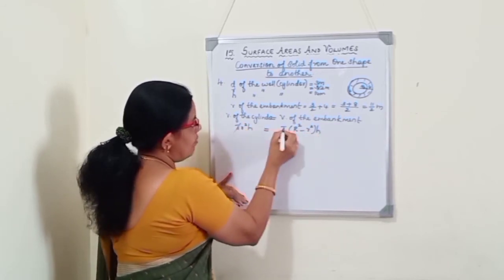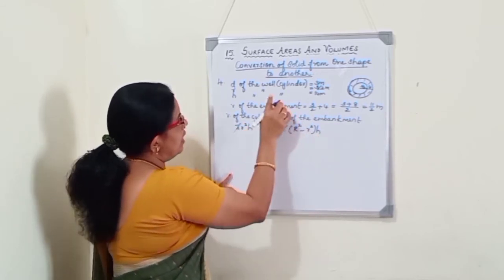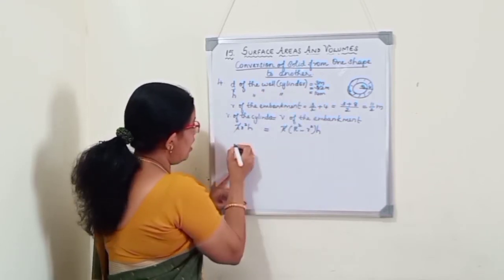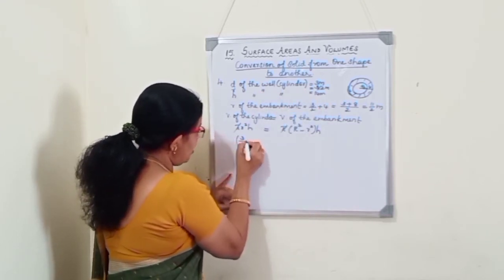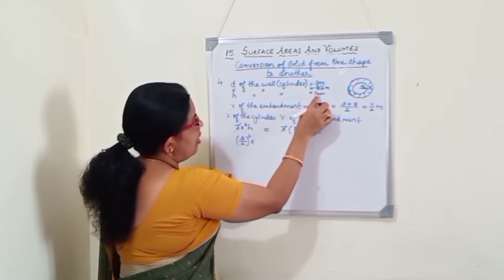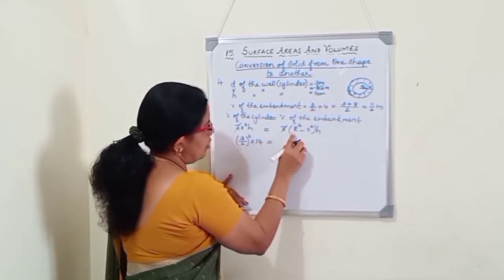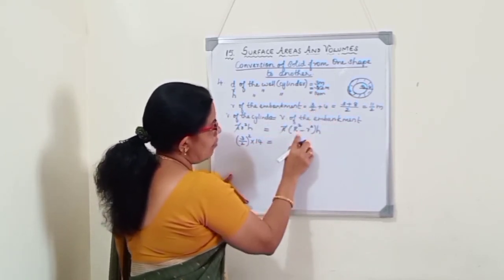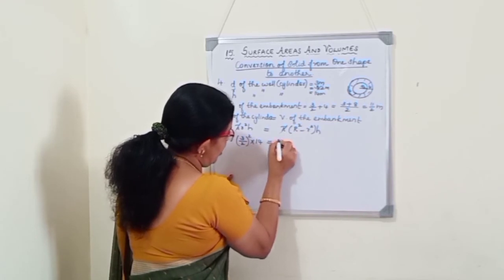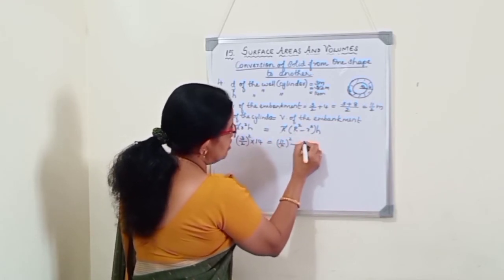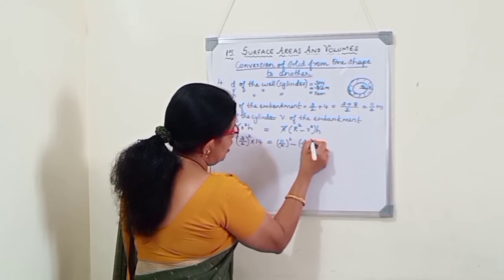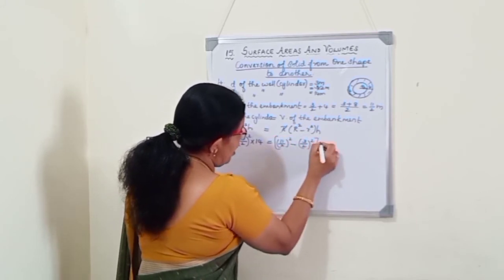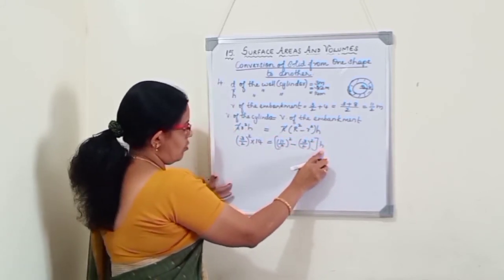So here pi we can directly cancel. r is the radius of the cylinder, that is the well. It is (3 by 2) square, height of the well 14 meter, is equal to, for the embankment, capital R is (11 by 2) square minus small r (3 by 2) square into h, the height of the embankment that we wanted to find out.